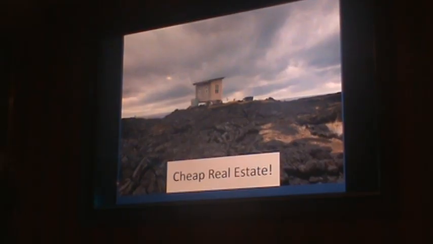Now, here's what happens. Let's say you own that coastal property, and this lava comes and it adds another half mile of lava right in front of your coastal home. Do you own that half mile? Yeah. You do not. And it feels like you should, doesn't it? But you do not. Who owns it? It's the state. The state owns all of that new land.